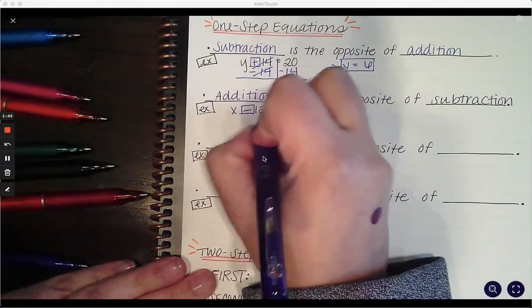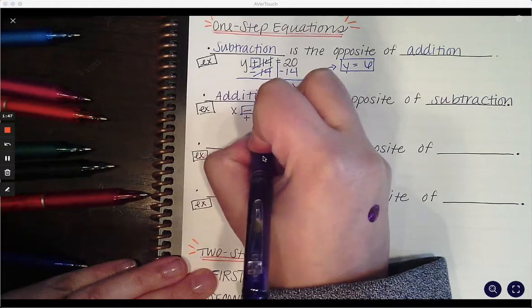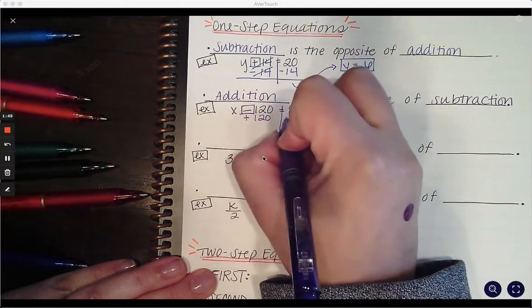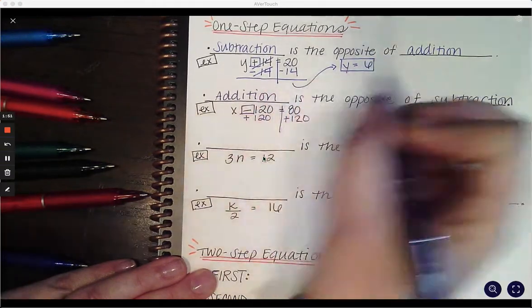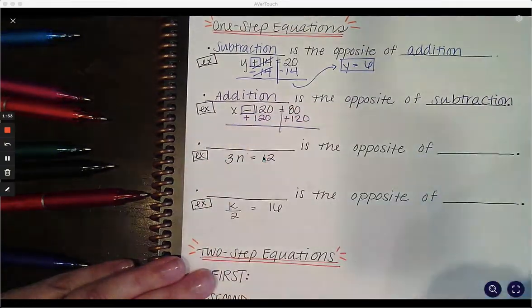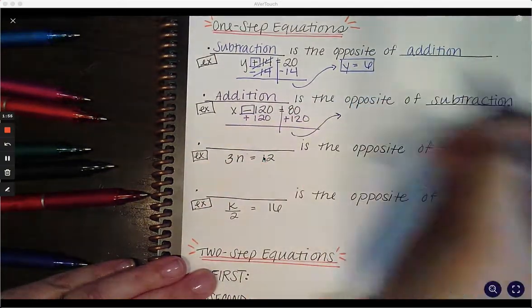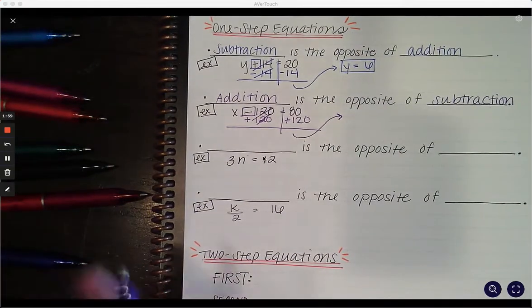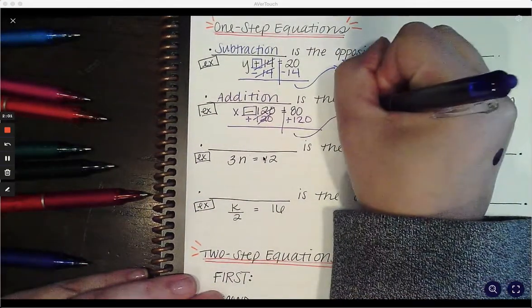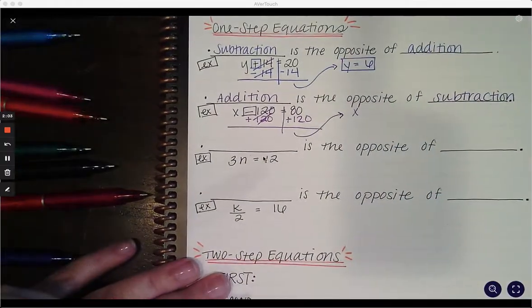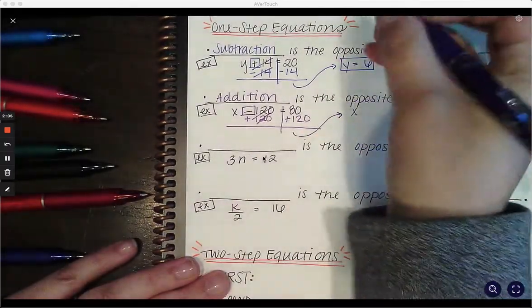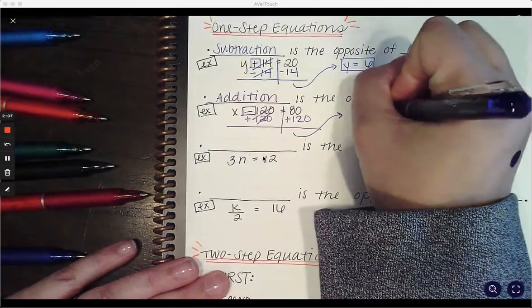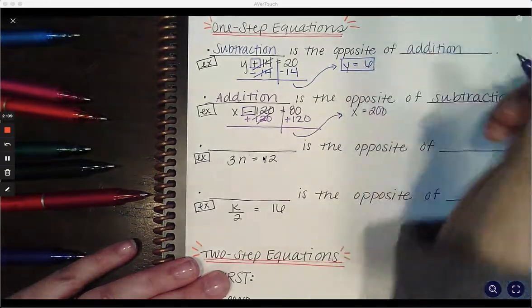So instead of subtracting 120, we add 120. Let me do that line here. Okay. And remember, these are going to zero out. So all I'm left with on that left-hand side is going to be that x. Okay. 80 plus 120 is 200.